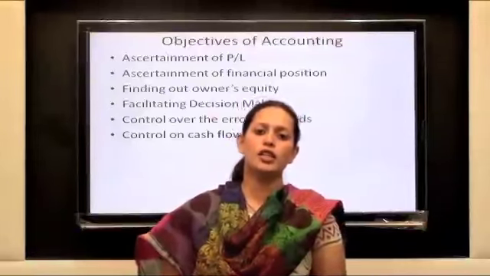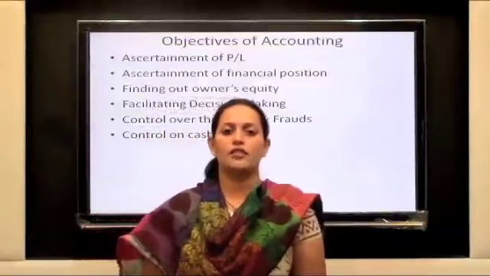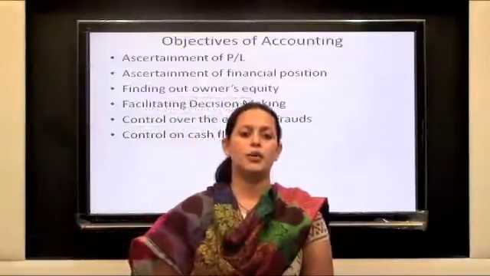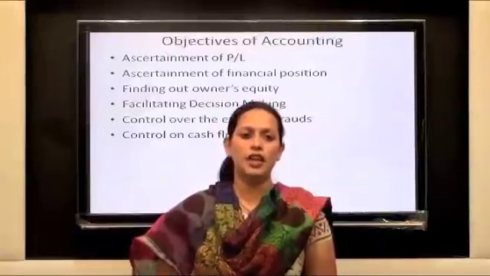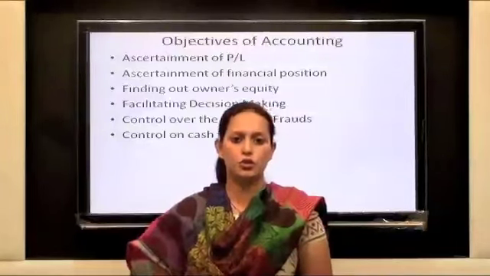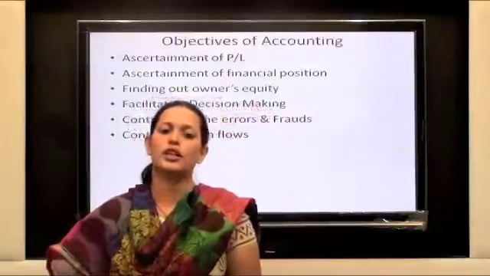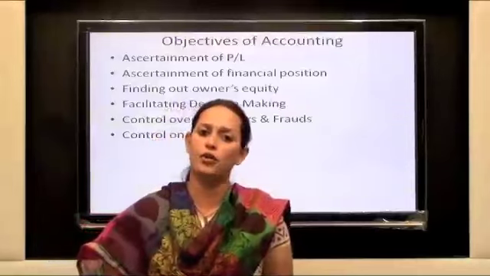So when we talk about all these three accounts, that is, the personal accounts, the real accounts and the nominal accounts, we have certain golden rules of accounting here. The first rule, with regard to real account, is debit what comes in and credit what goes out.